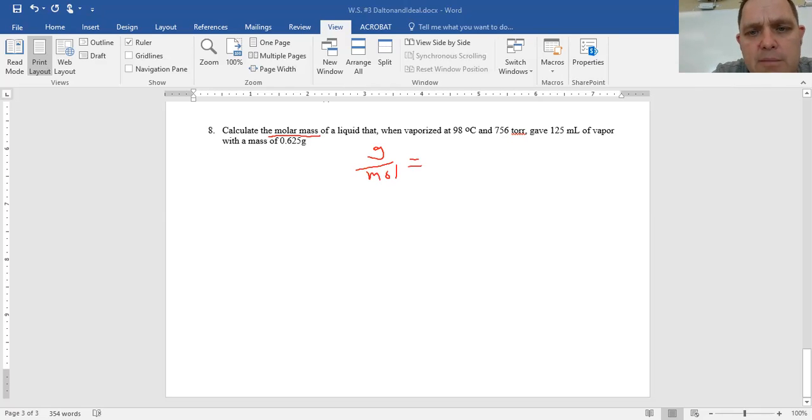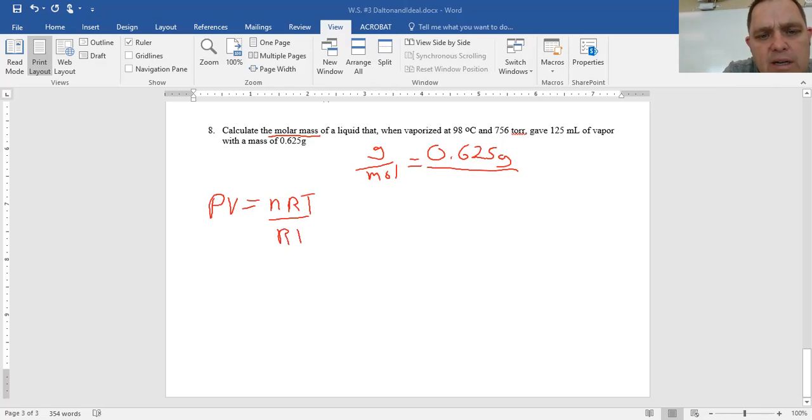We got the number of grams, 0.625. We got to find the number of moles. Well, the only way to find moles is through PV equals nRT. Doing our algebra real quick, we're going to divide both sides by RT. And that will leave us what our mole will be.